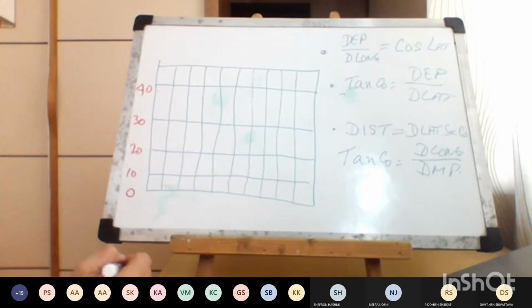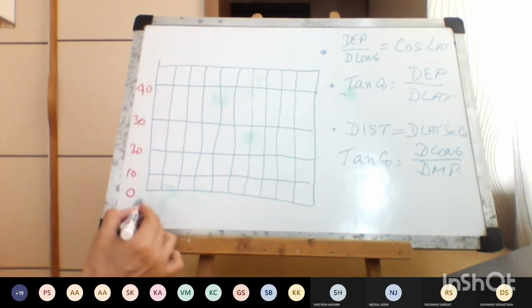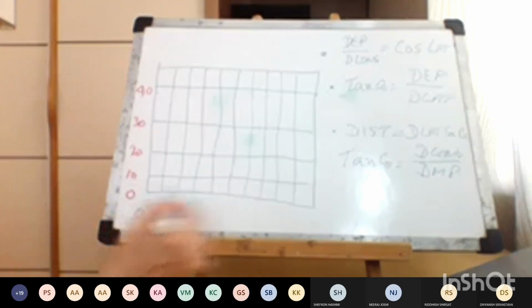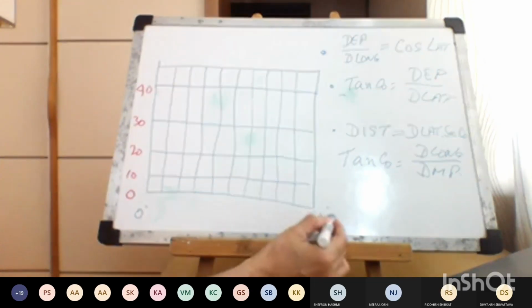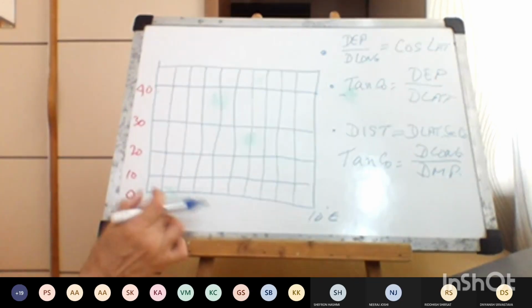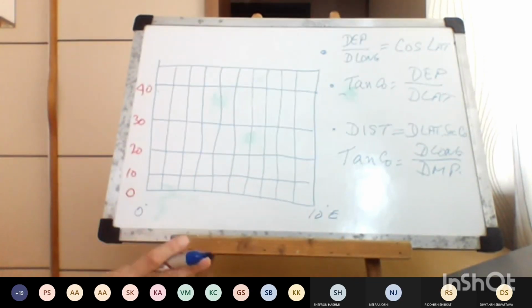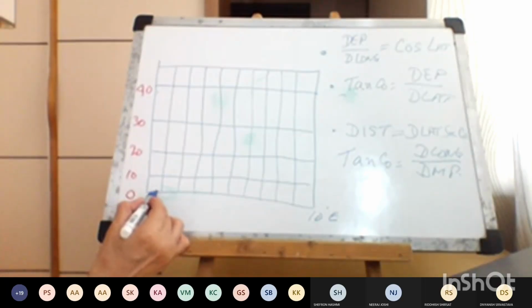Each one is called the meridional part. So let's say if this is 0 degrees longitude and this is 1, 2, 3, 4, 5, 6, 7, 8, 9, 10 degrees east. Each degree is divided equally, and all the small gaps also will be all equal.